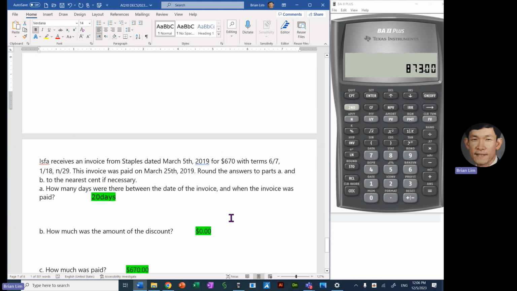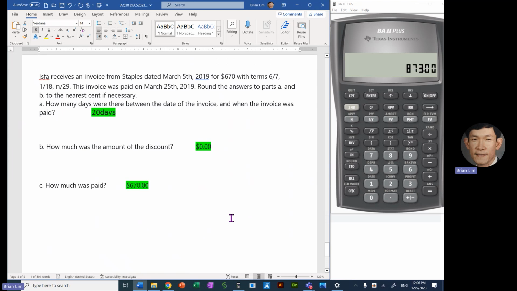All right, now here is another one. ISFA receives an invoice from Staples dated March the 5th. So that's the date of the invoice, March the 5th, 2019. And the amount is $670. Maybe we should get the dollar sign in there. And there we are. So that's the important information.